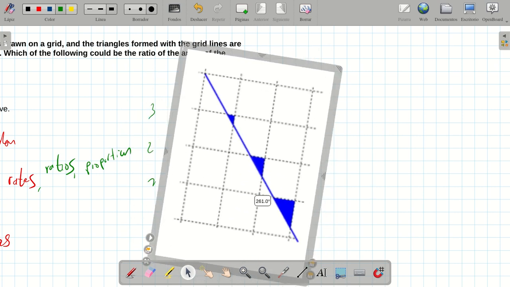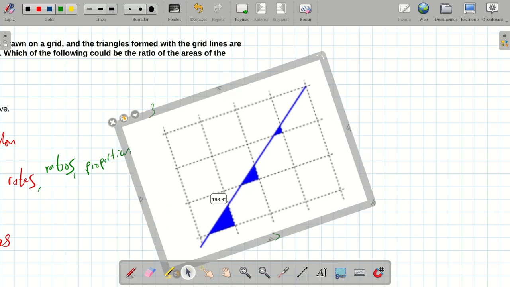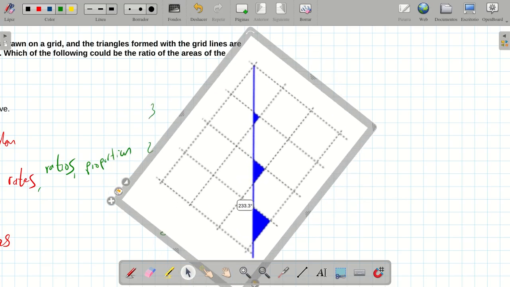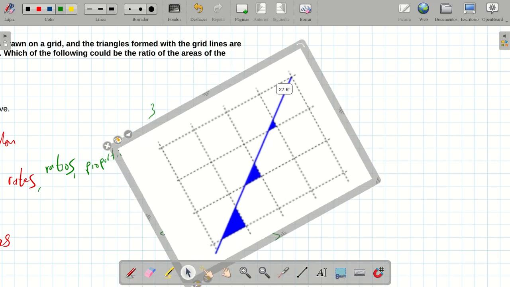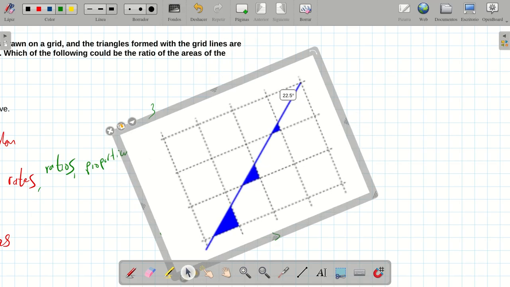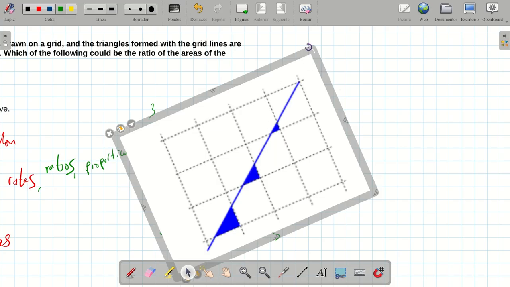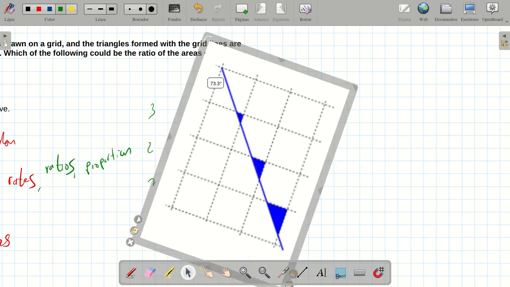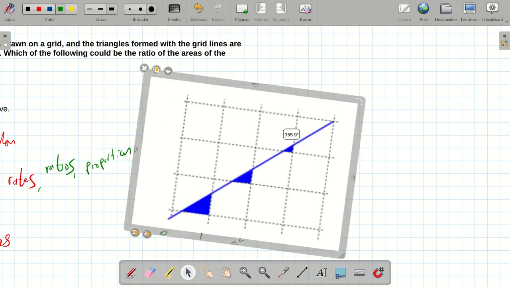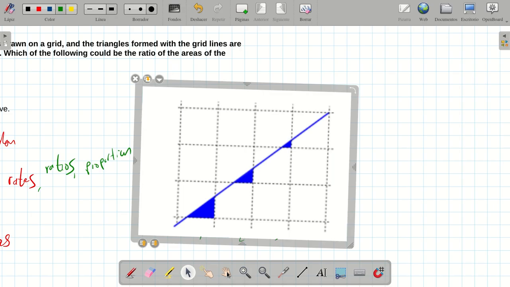So maybe if I rotate this grid, I can see something very easy, or maybe if I rotate, I can see that the triangles form something different to try to find the area, something like that.